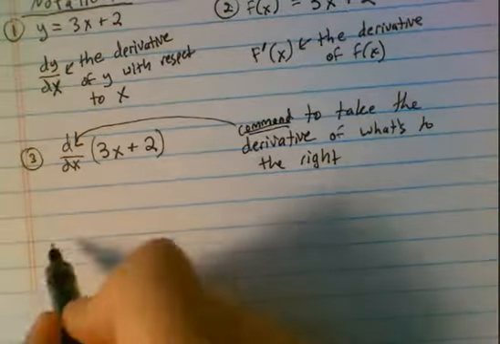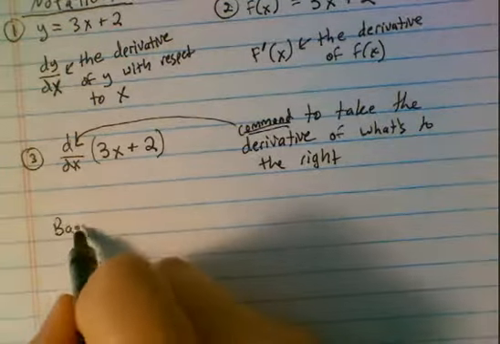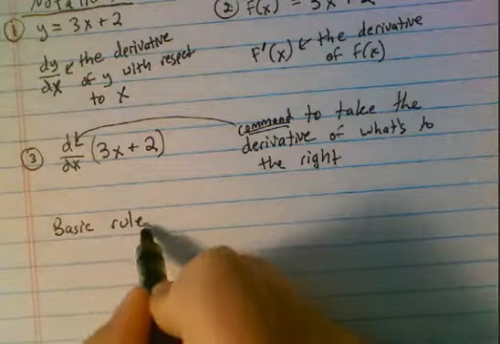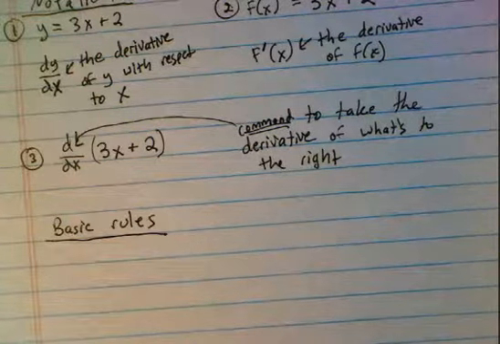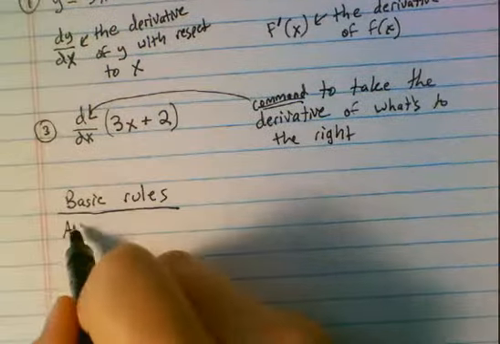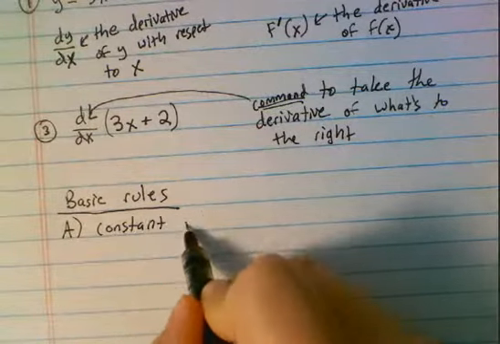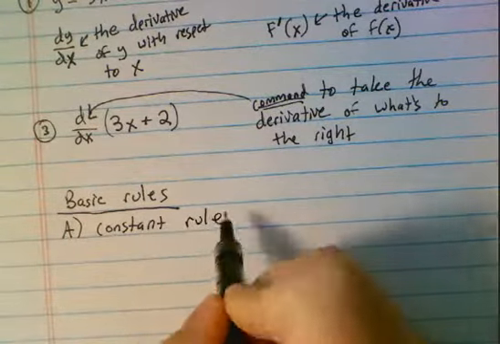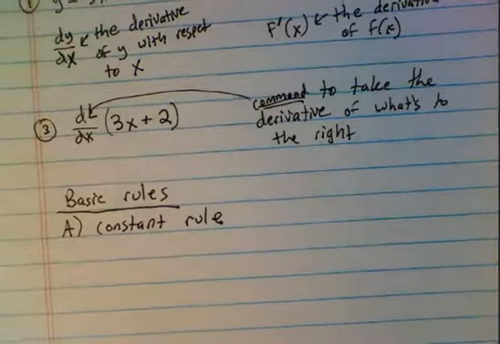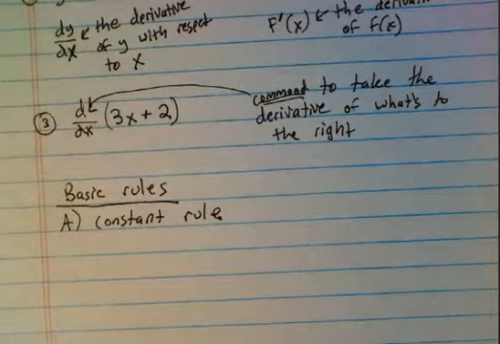Now, finally, the basic rules. The first one is called the constant rule. And we're going to look at where these rules come from in the limits unit, but right now I just want you to be able to do the mechanics fluently.